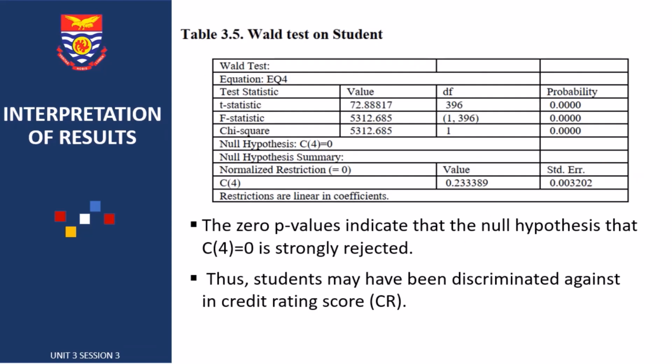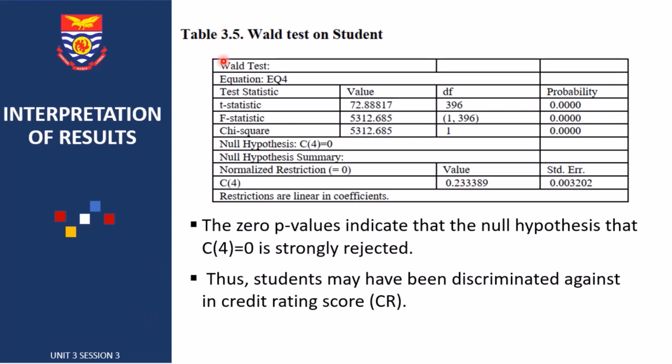As we mentioned earlier, with respect to testing whether the dummy variable, that is the student status, has been discriminated against given the value shown in our earlier output, we said we're going to use the Wald test on students. The Wald test results are shown in our table 3.5.